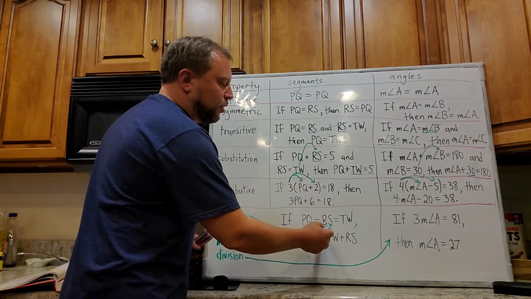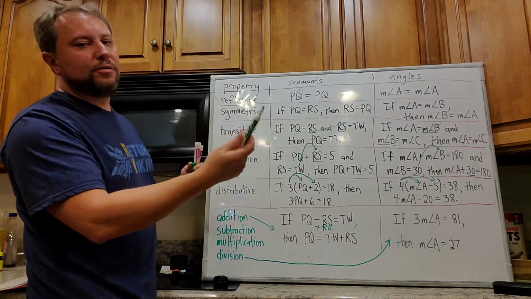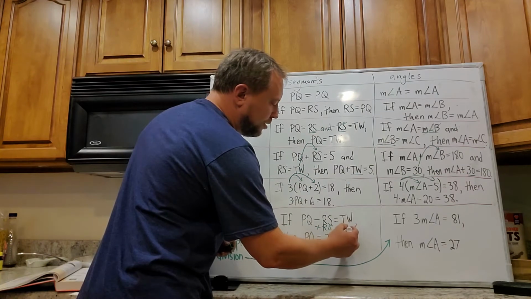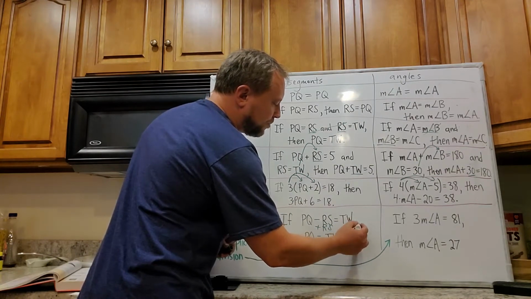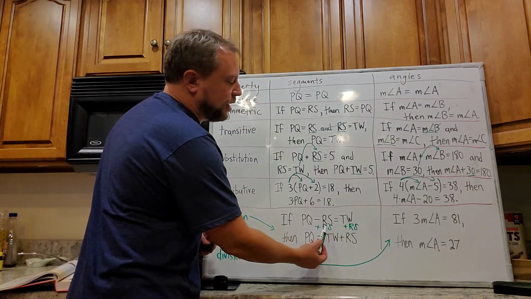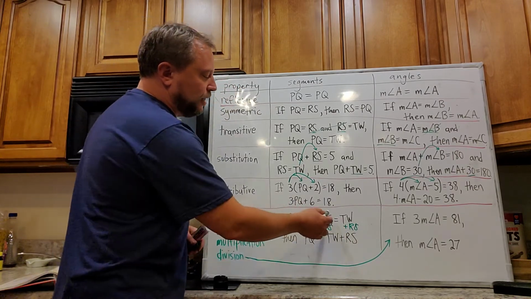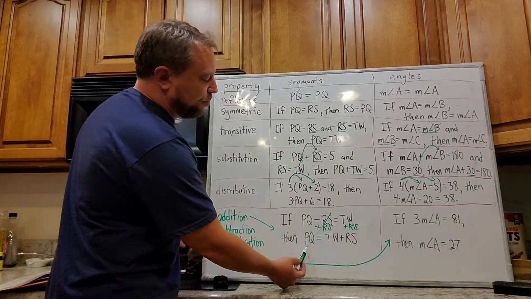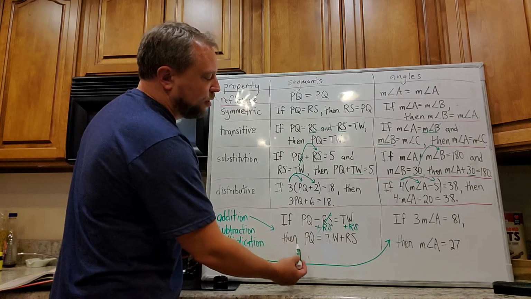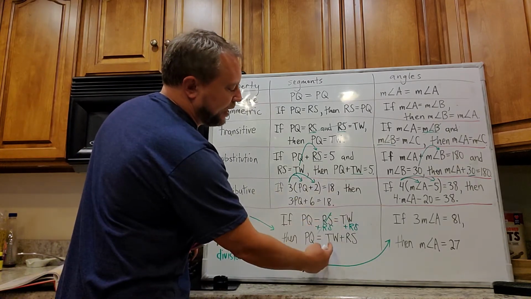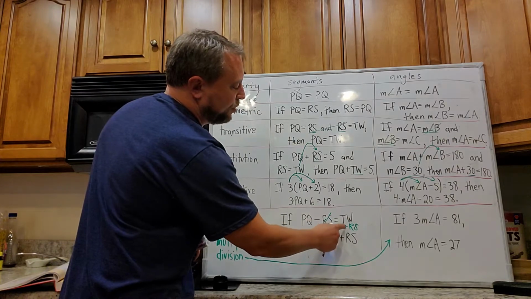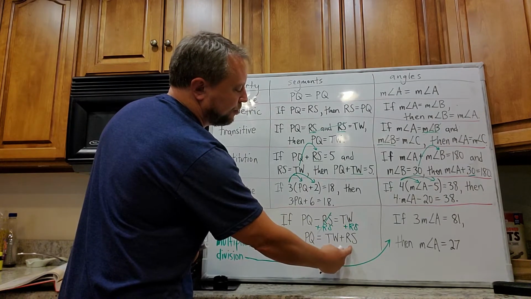But whatever I do to one side, I've got to do to the other. So I'd have to add an RS not only on this side, but also on the other side of the equation. Now over here it cancels, so that's why the P cubed will be by itself. But now on that side, do you see I have TW plus RS?